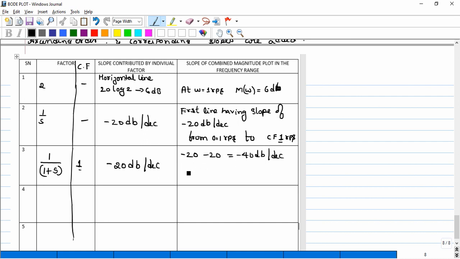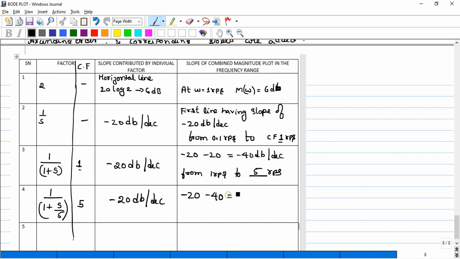From where we left, that is from 1 RPS to where we shall identify with respect to the next factor. That is, the next factor is 1 by 1 plus s by 5. And what is the corner frequency? That is 5 is the corner frequency. Now I will fill till 5 RPS. And what is the slope? It will be minus 20 dB per decade. And here the combined slope, you need to add minus 20 minus 40, the total will be minus 60 dB per decade.